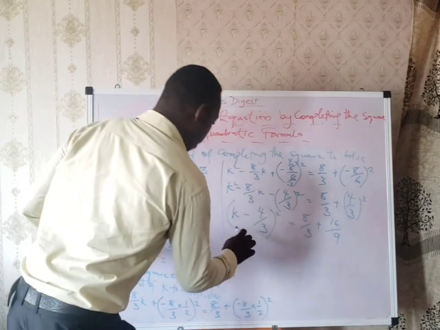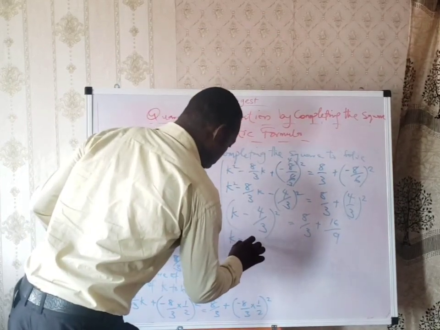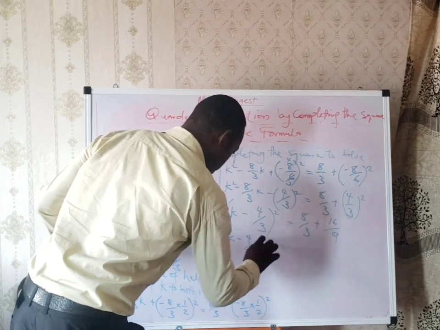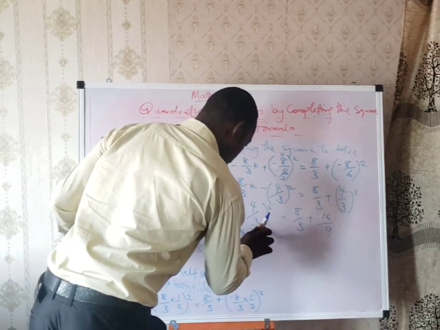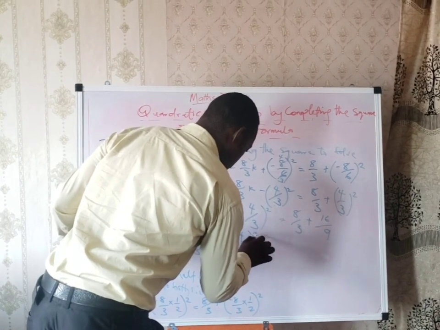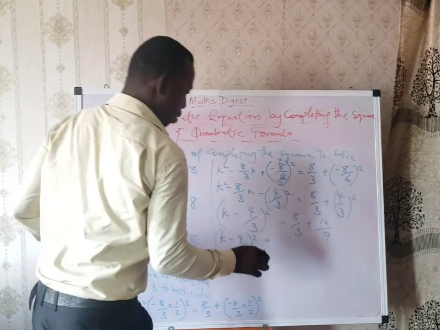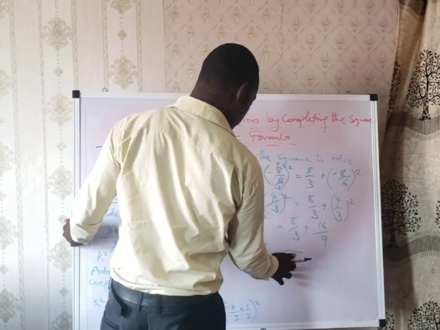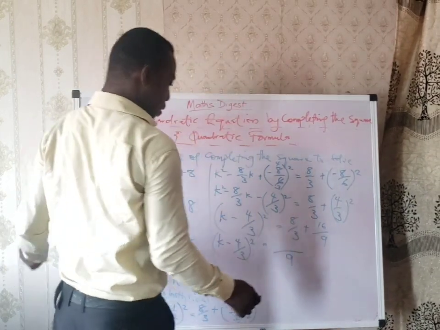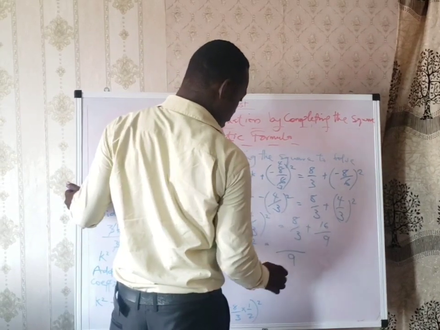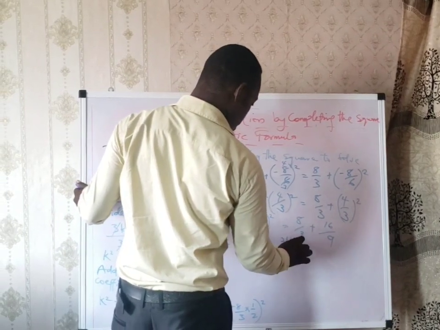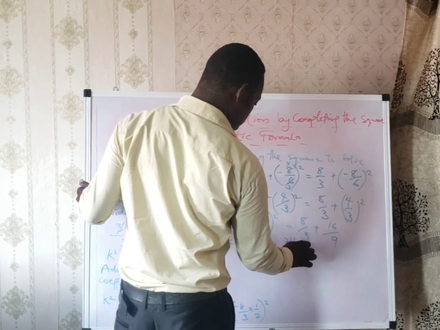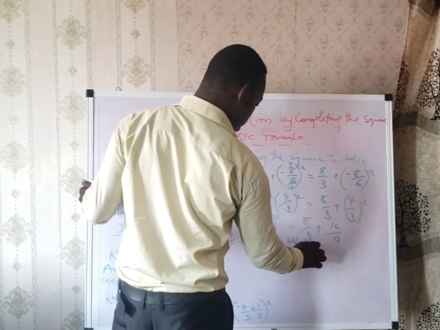Now from here we find k minus 4 over 3 all raised to power 2 equal to, LCM here is 9. So 9 divided by 3 is 3. 3 times 8 is 24. Plus 9 divided by itself is 1, times this is 16.